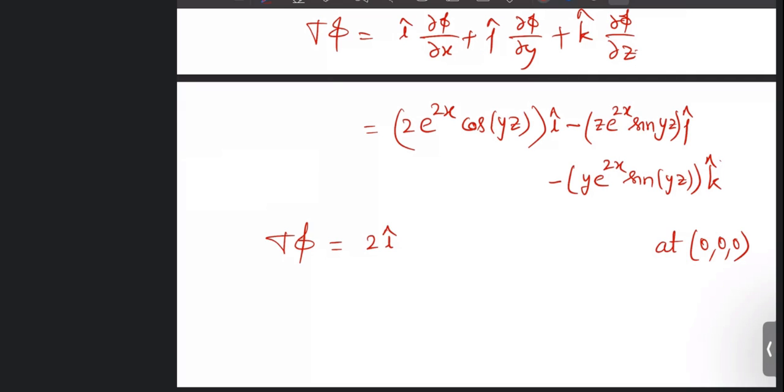In second one we have multiple in y, multiple in z, so this will become 0 to whole term. Similarly, in the third one we have multiple in y, so this will become 0 too. So all other terms will become 0. So we got the gradient of phi is just 2i at 0, 0, 0.